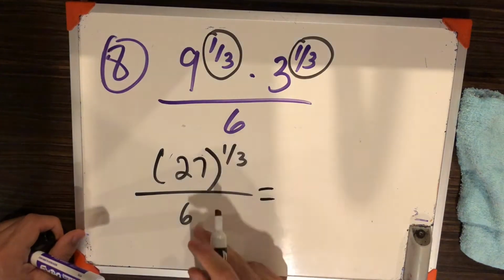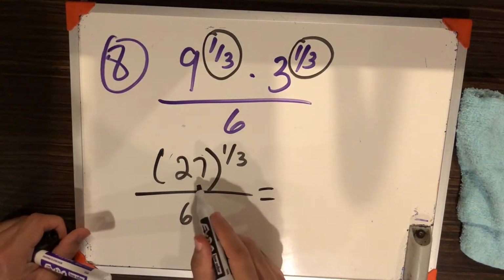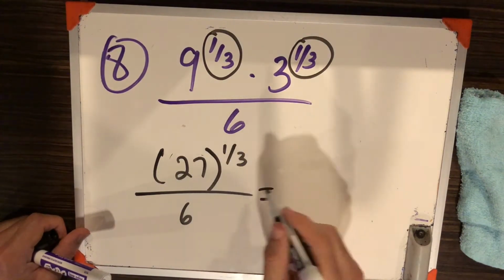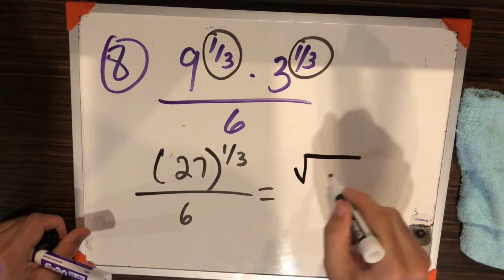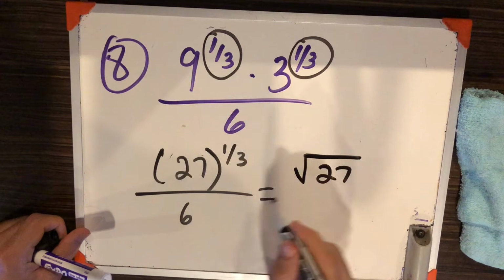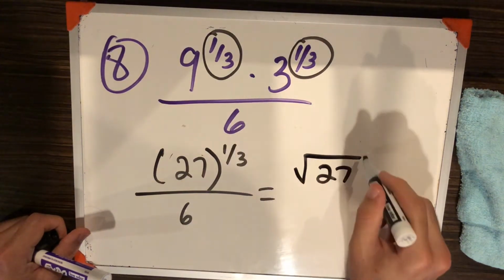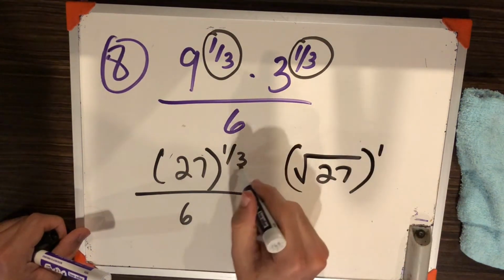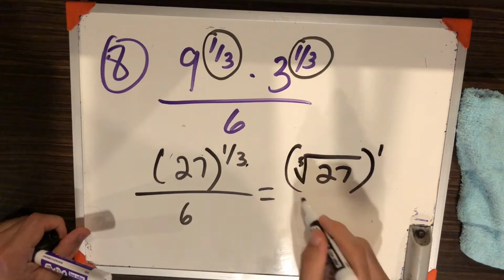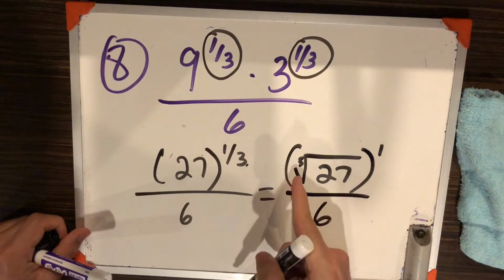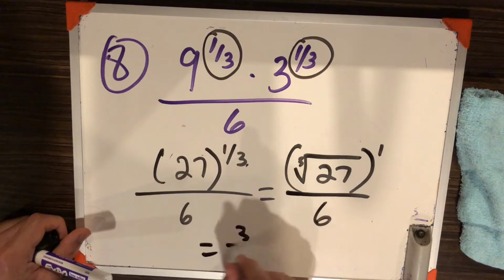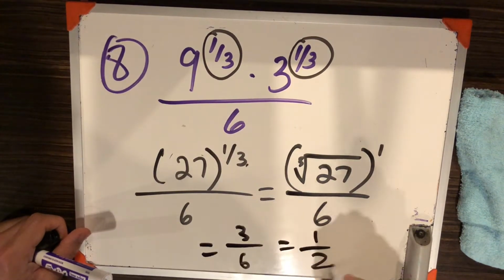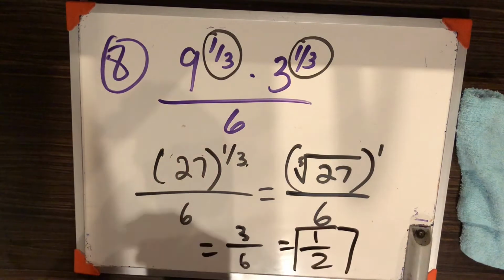Now, there's not much we can do here, but we can simplify the top first. So changing exponent form into radical form, that would turn out to be the base of 27, power is 1, root is 3. Okay, the cube root of 27 is 3. 3 over 6 would turn out to be just 1/2. So our final answer here is 1/2.